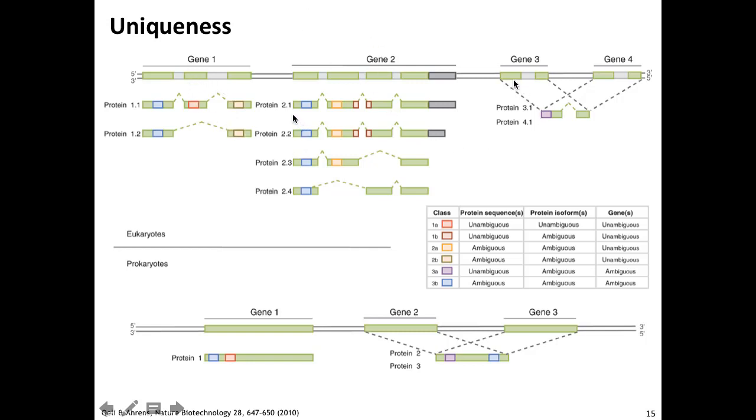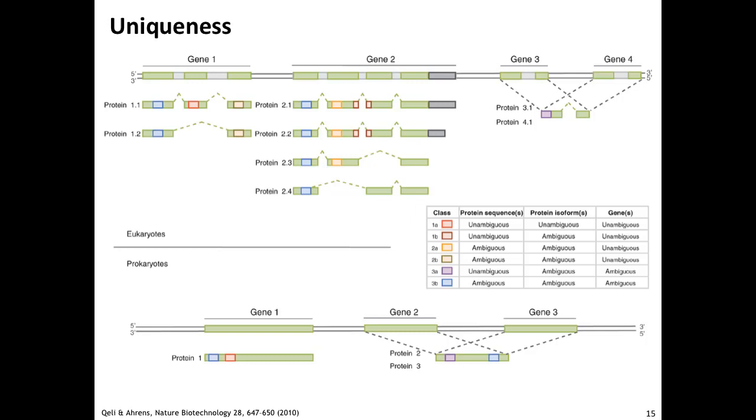And in this way you can sort of arrange these identifications in various degrees of uniqueness. Some of them are unambiguous. This is unambiguous on the isoform level. This guy here is unambiguous on the protein level. But others are ambiguous, so if you identify one of them, you have only an idea that several of these guys need to be present, at least one of them, but you don't know which one.